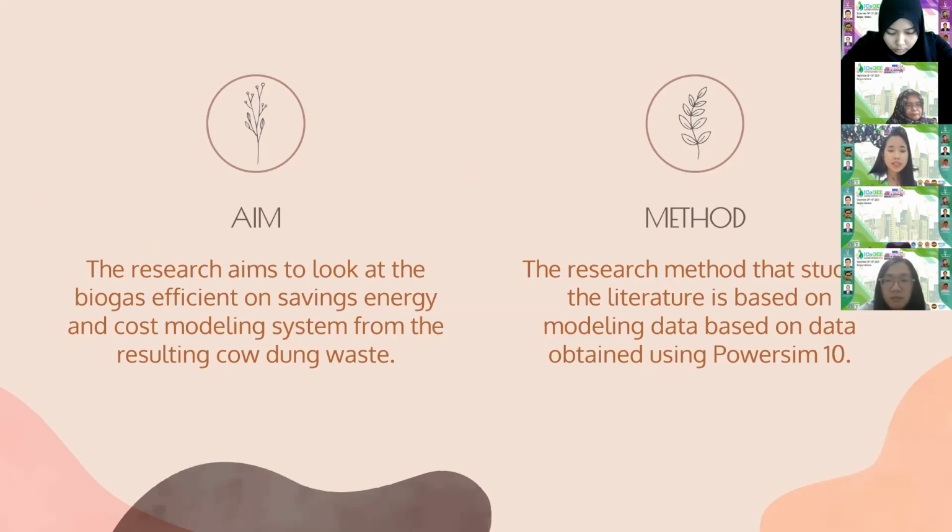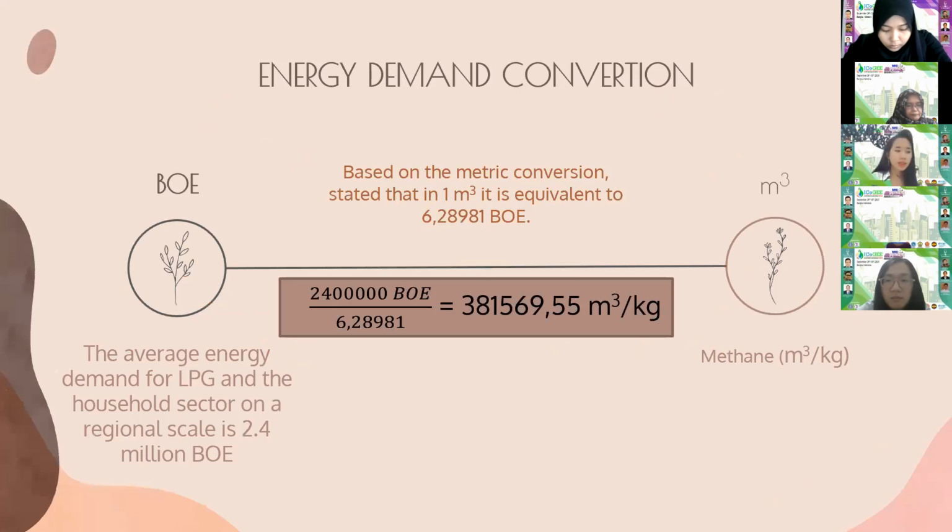The research aimed to look at biogas efficiency and the energy and cost savings modeling system from the resulting cow dung waste, with a method that studies the literature, based on modeling data and data obtained using PowerSim 10. Okay, let me explain this process, energy demand conversion.